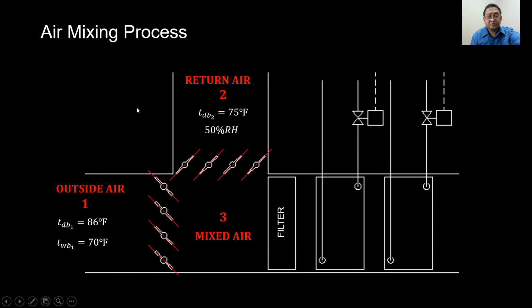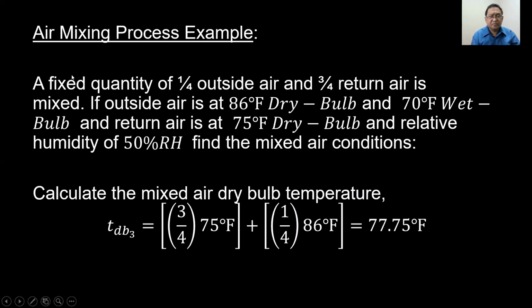So if we plot this one, how do we calculate the mixed air dry bulb temperature? For example, a fixed quantity of 1/4 outside air and 3/4 return air is mixed. You know that the outside air is 86 Fahrenheit dry bulb and 70 Fahrenheit wet bulb, and the return air is 75 Fahrenheit dry bulb and 50% RH.